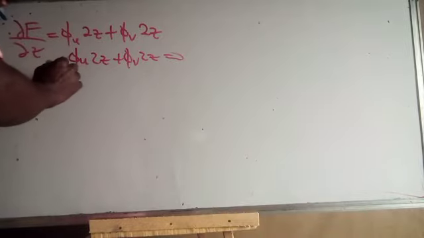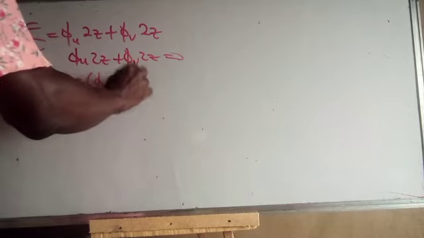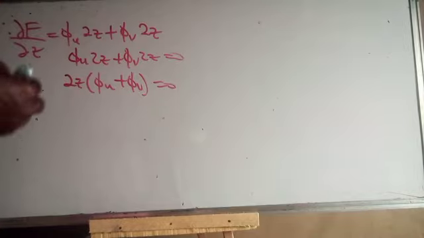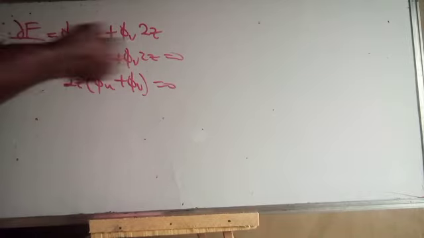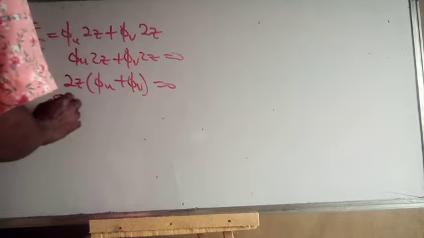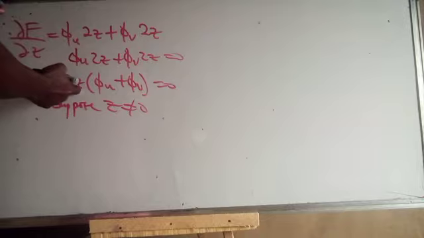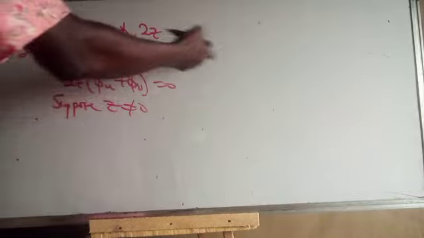So you can see that one will cancel out the other. But which invariably means what is common? 2z times phi u plus phi v is equal to 0. Suppose our z is not equal to 0, because ordinarily if we divide through by 2z, you have phi u plus phi v equals 0.